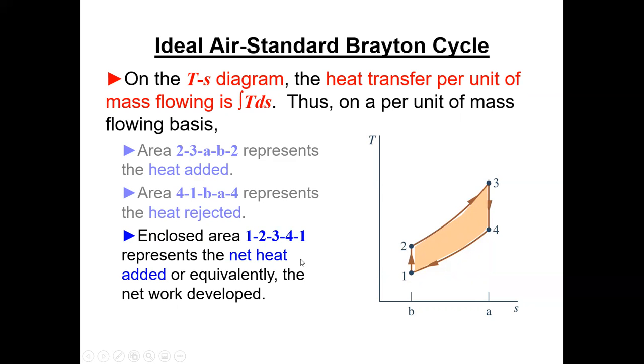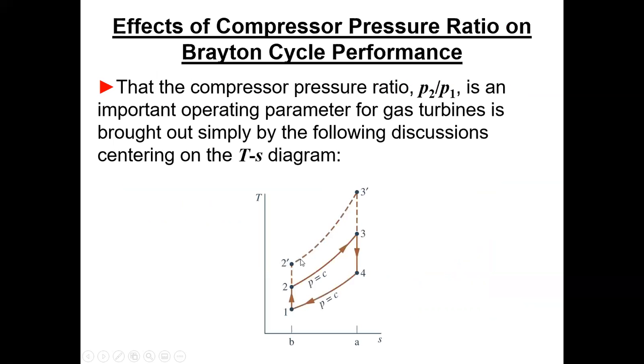I kind of give a quick review to everybody. Okay, so this pressure ratio, P1 to P2 across the compressor, is an important parameter when operating gas turbines. And so we're going to have a couple of slides here that illustrate that.